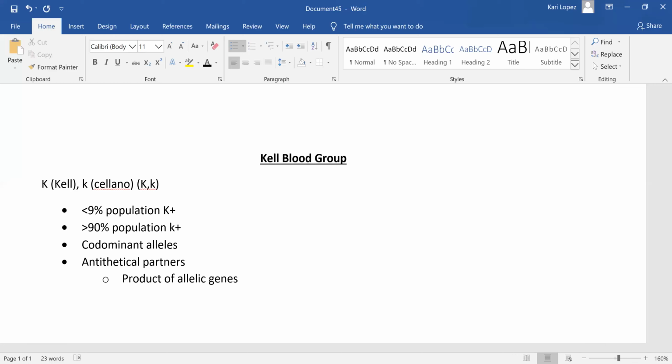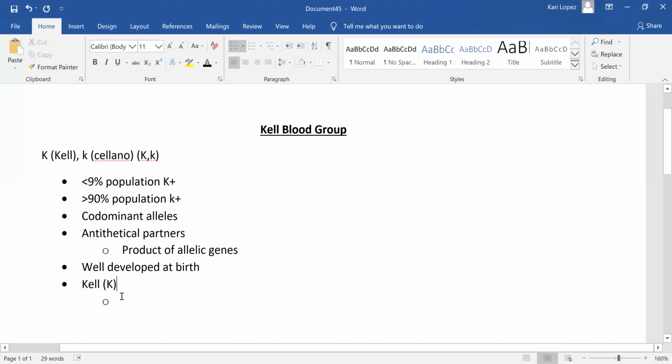So Kell, what's the sign for Kell? Is it the big K or little k? Big K. Yep. So Kell's your big K, and it is very immunogenic. Which one is the most immunogenic out of the blood group systems?